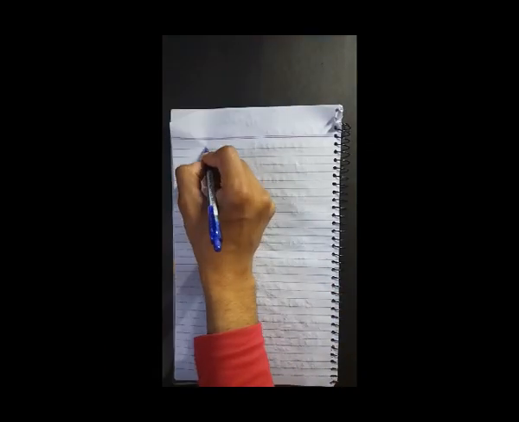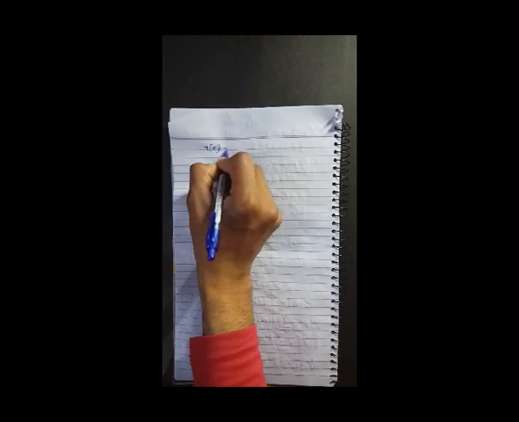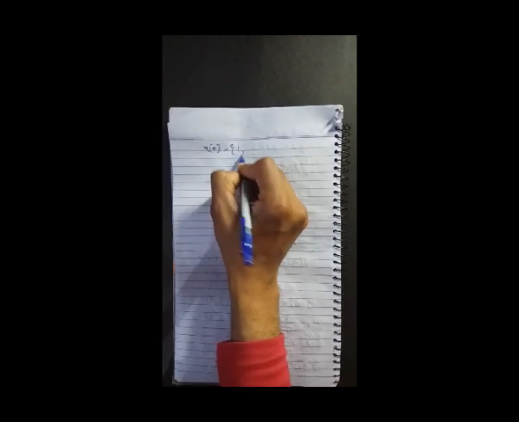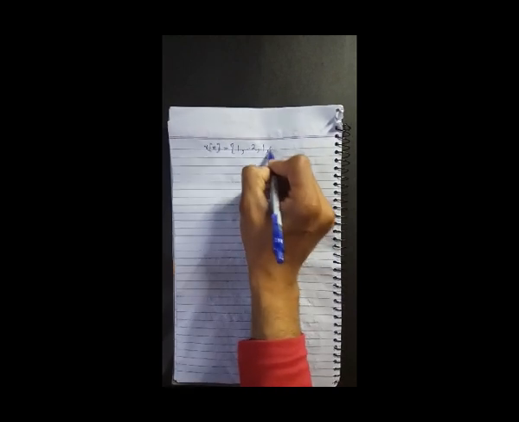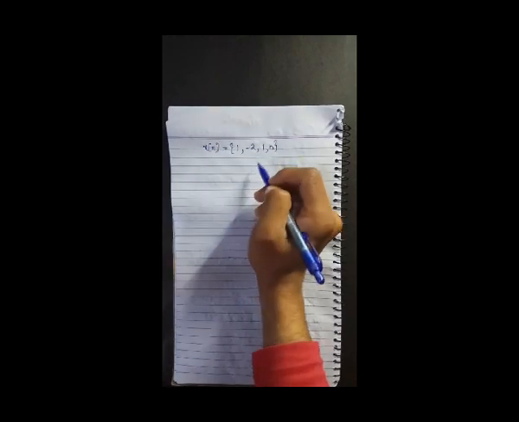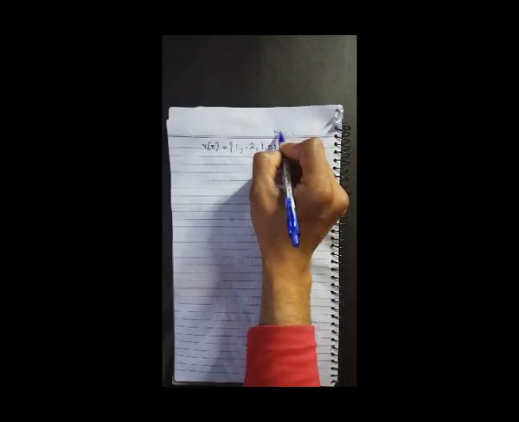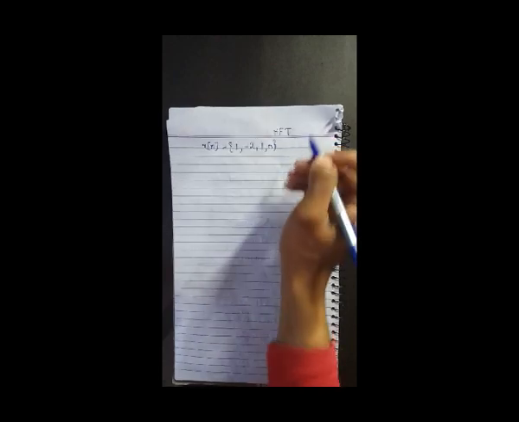Now in our example, x of n is equal to 1, minus 2, 1 and 0. We have the signal and we have to find the FFT, fast Fourier transform.